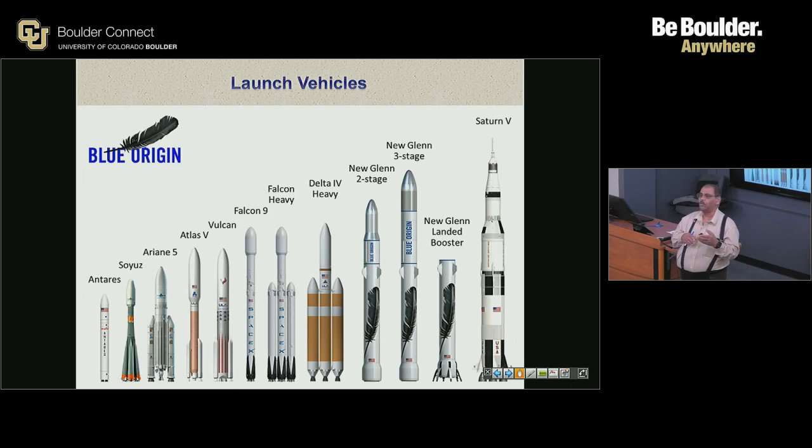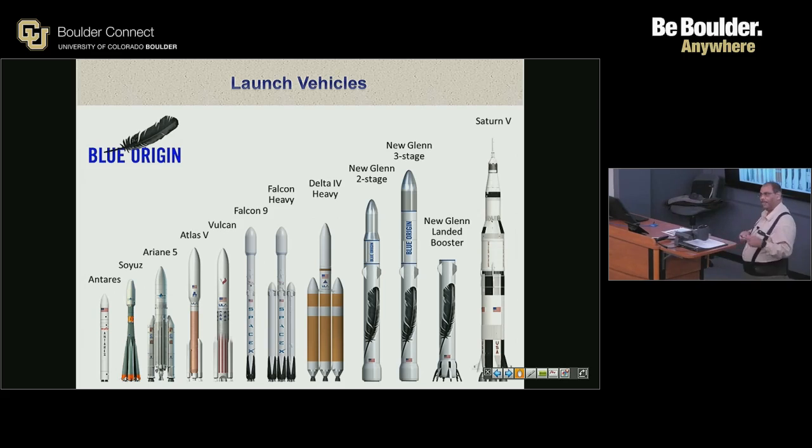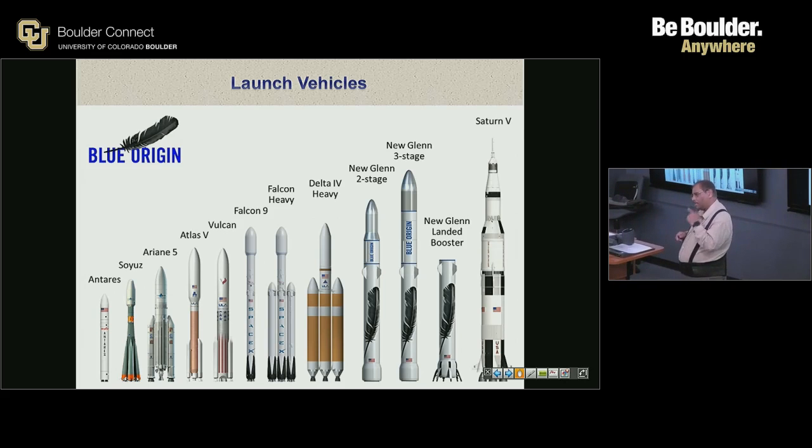And then you don't want the engines to splash into the ocean, okay? Because salt water gets everywhere, and how do you refurbish it? Okay, so they essentially want to use a helicopter to catch it and then bring it back to wherever they want to bring it back. That is a little smarter way of doing things.